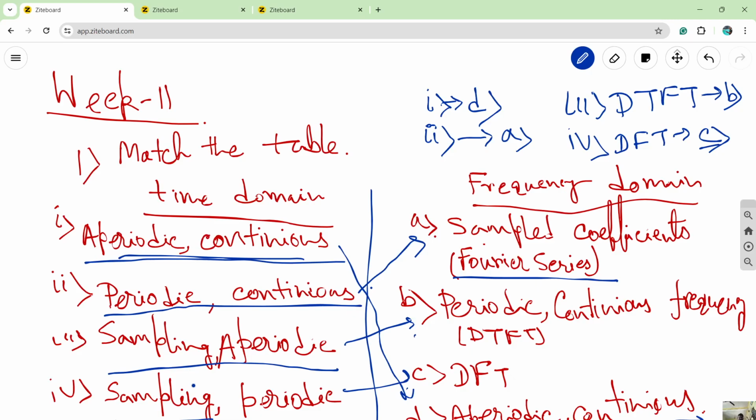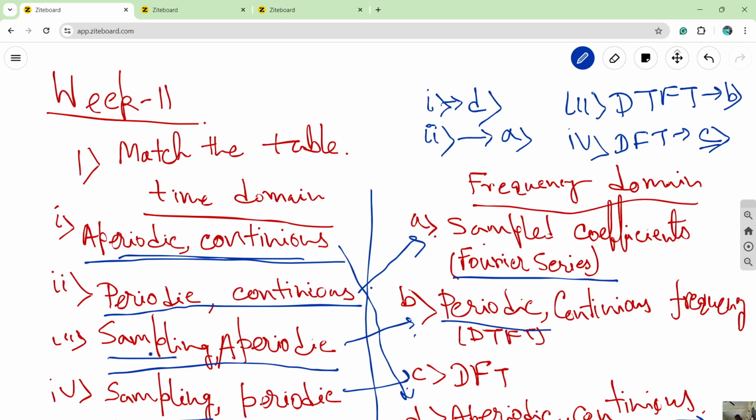In that case, what happens? It is sampled, but it is actually not periodic. So it will be periodic, but it will be continuous in the frequency domain, because it is sampled here. That corresponds to the periodicity nature.